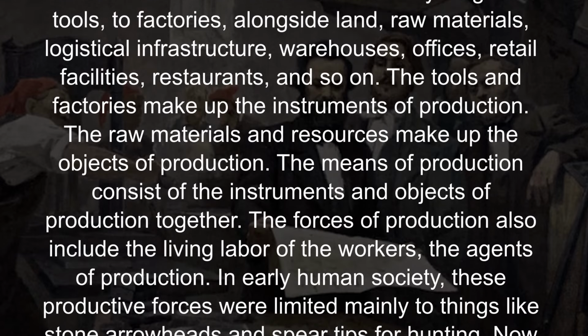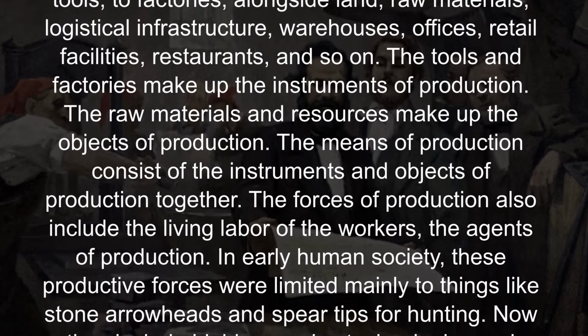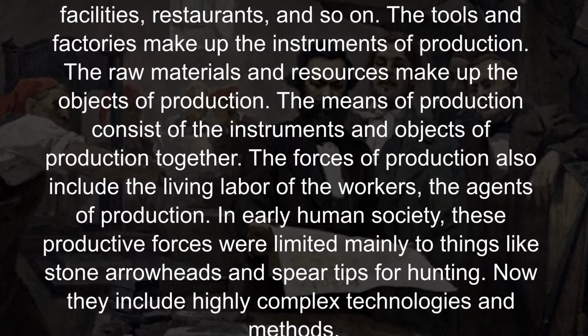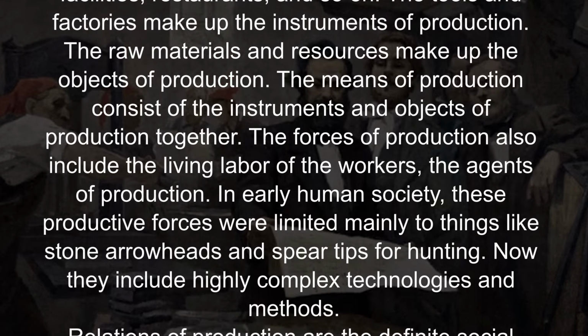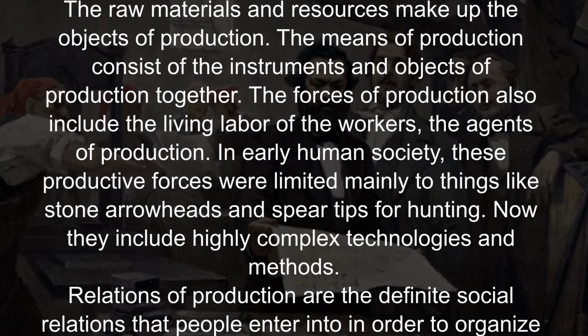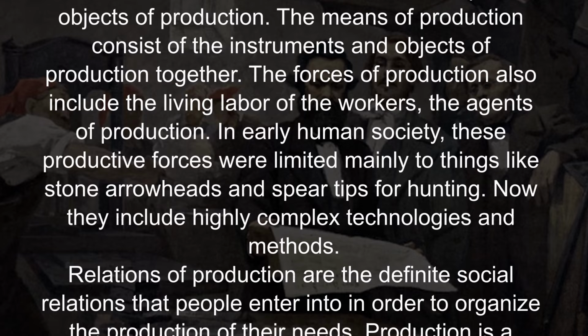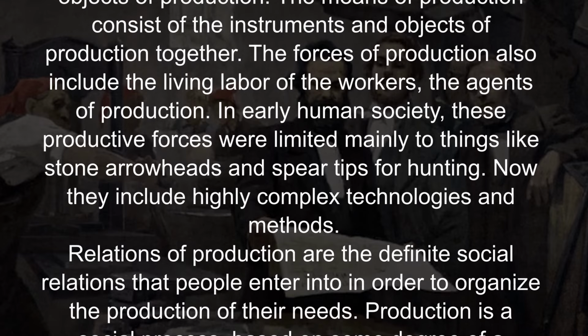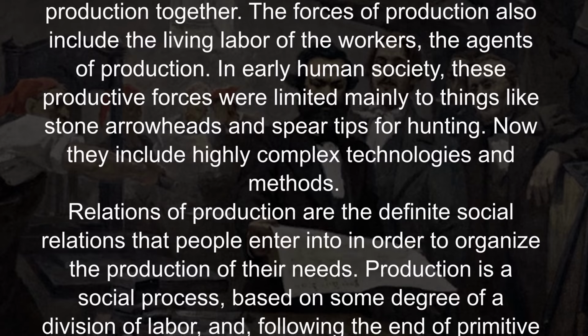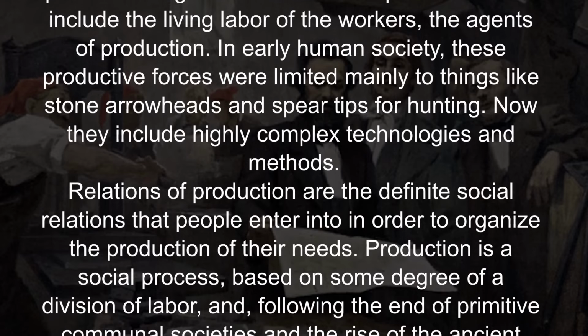The means of production consist of the instruments and objects of production together. The forces of production also include the living labor of the workers, the agents of production. In early human society, these productive forces were limited mainly to things like stone arrowheads and spear tips for hunting. Now they include highly complex technologies and methods.